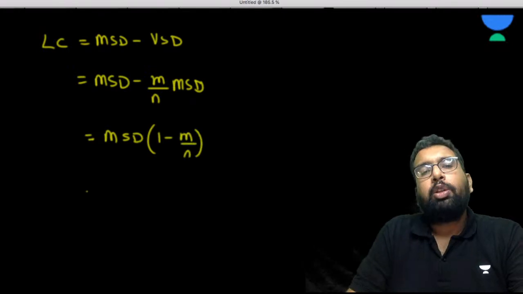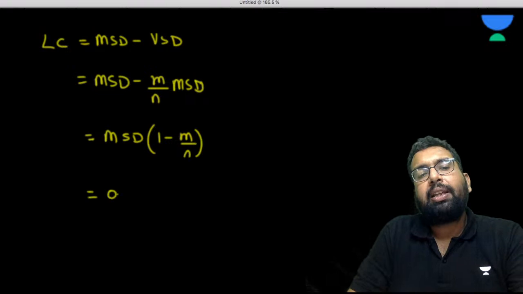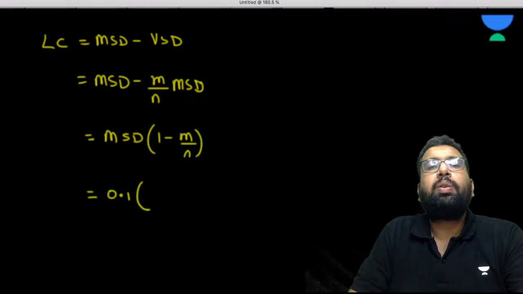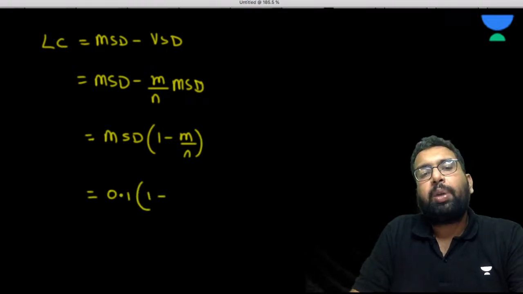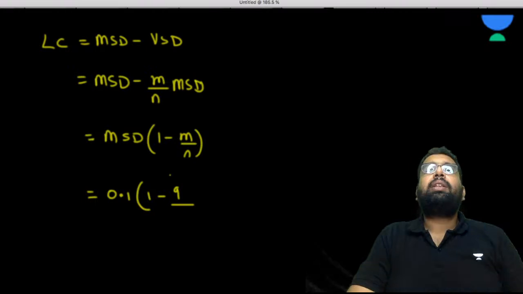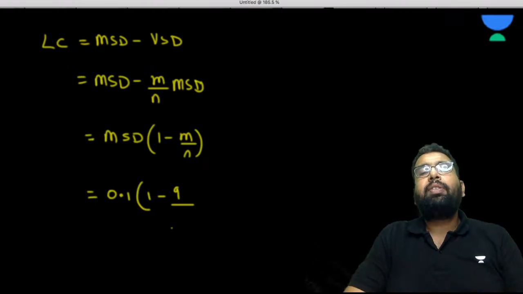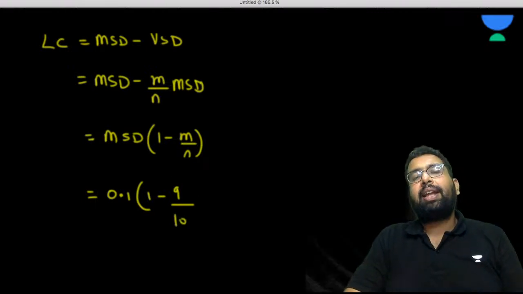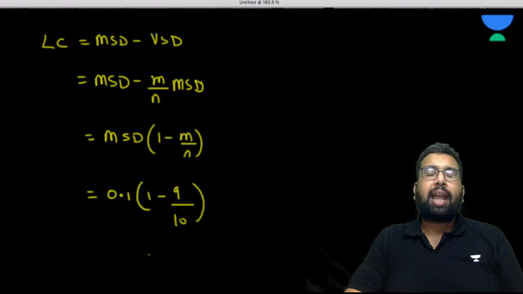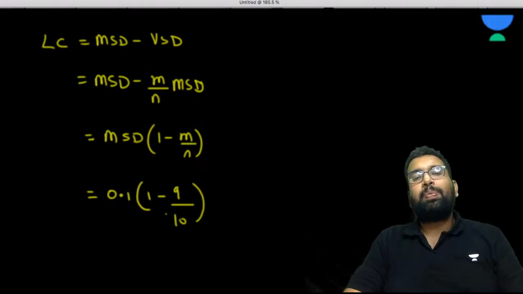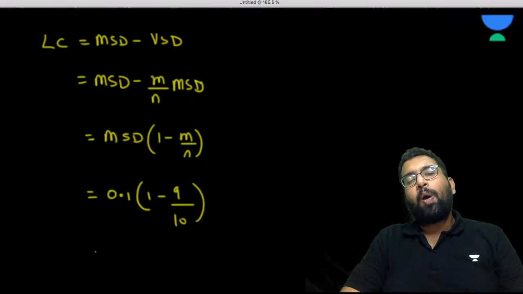The main scale division in this case is equal to 0.1, and 9 main scale divisions are equal to 10 Vernier scale divisions. So we write 1 minus 9 by 10. This is going to be equal to 0.01 centimeter.